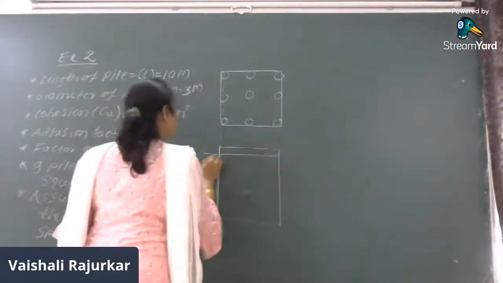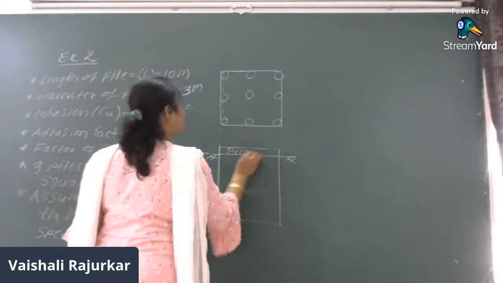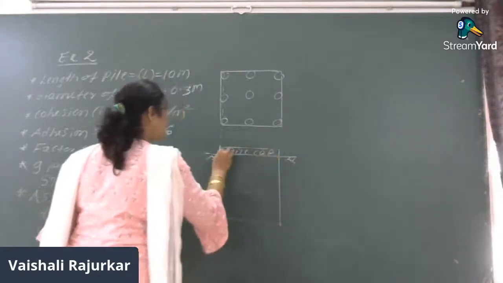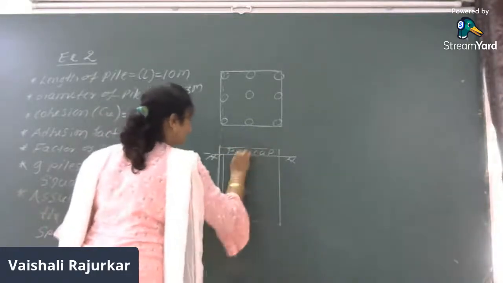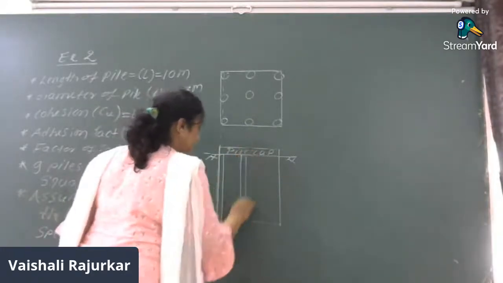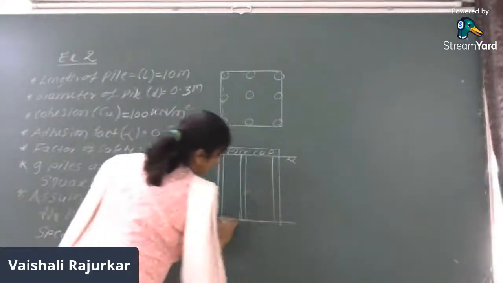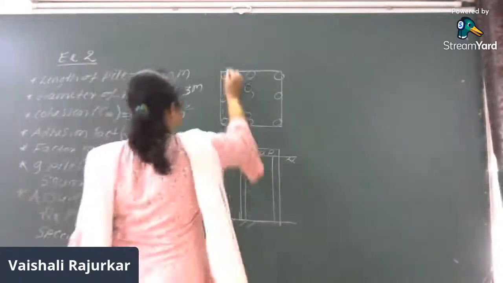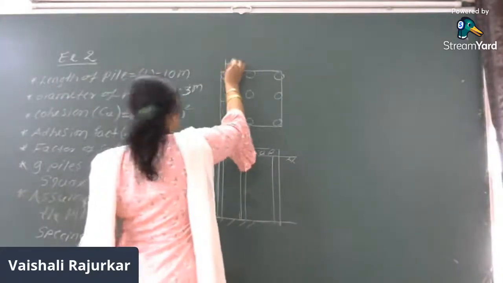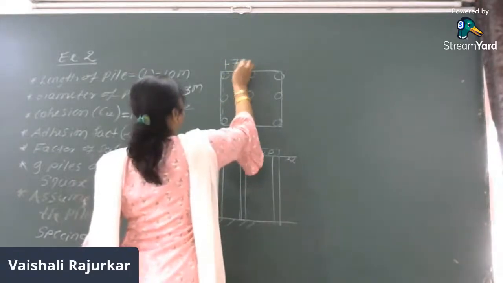Here, this is the group of the piles, and these are inserted into a hard strip, right? So spacing is, how do we get the spacing? Spacing is 75 centimeter.